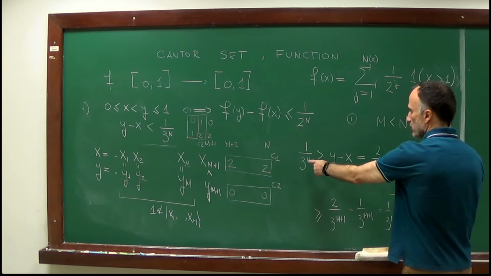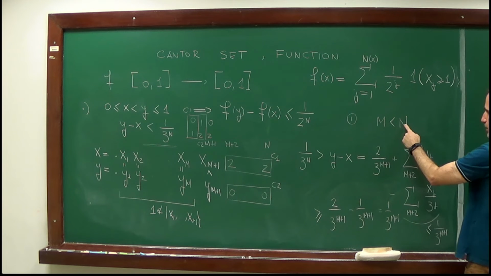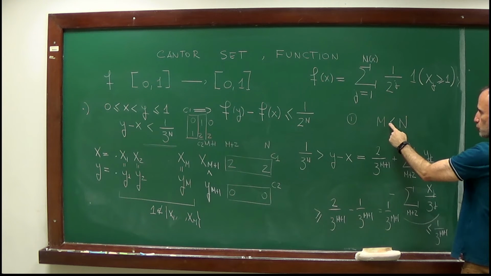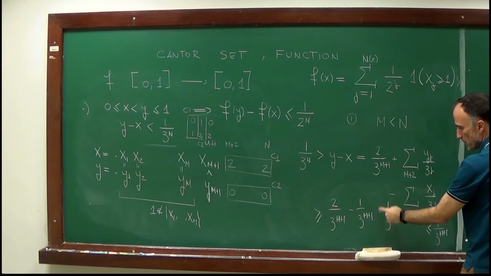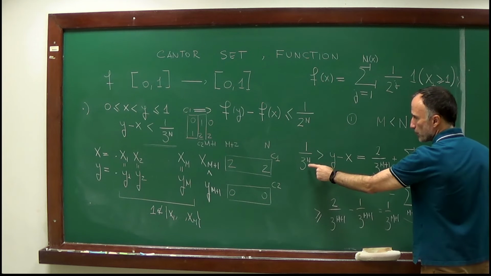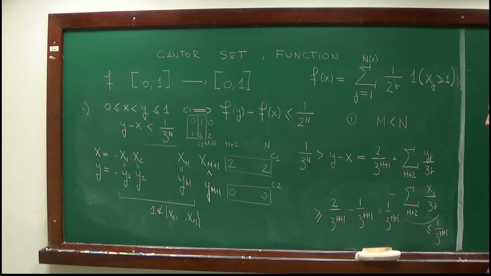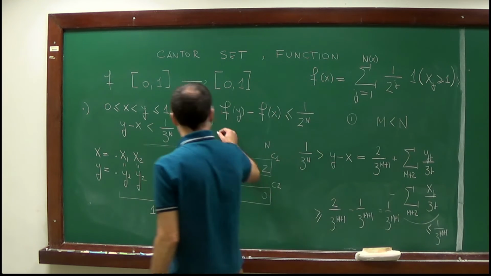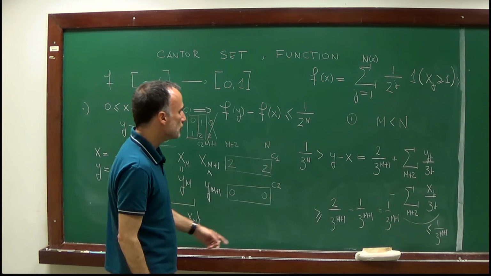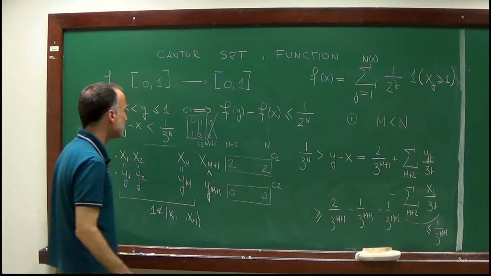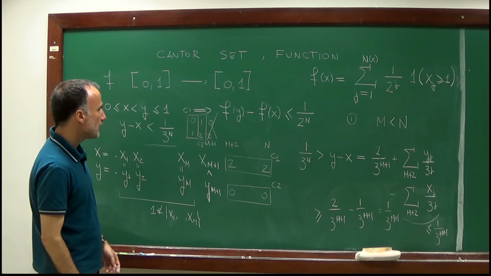And therefore, I can't have, because m is strictly smaller than n, so m plus 1 is smaller or equal, this expression is greater or equal to that one, so it can't be strictly smaller than that one. So this case is impossible, because in that case, it won't be true that y minus x is bounded by 3 to the power n.